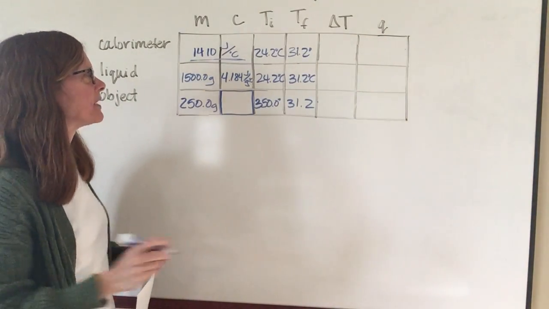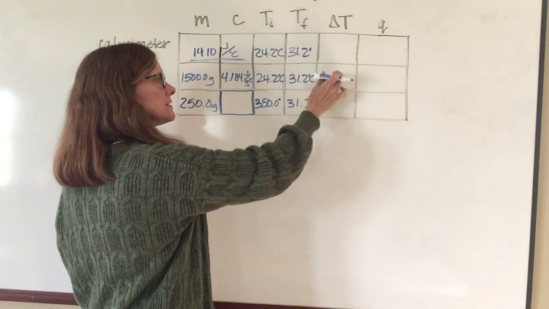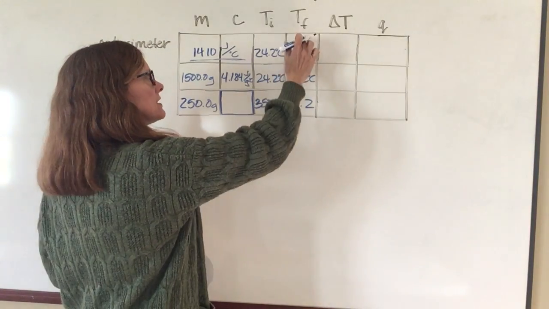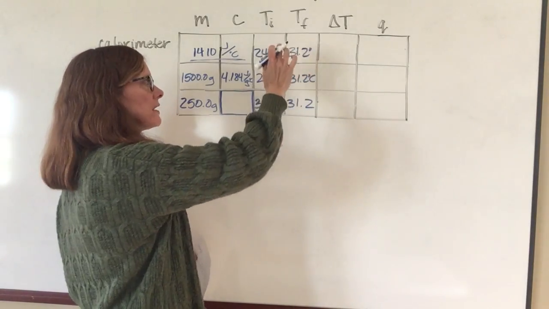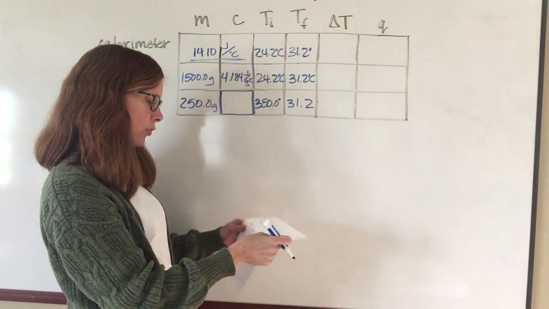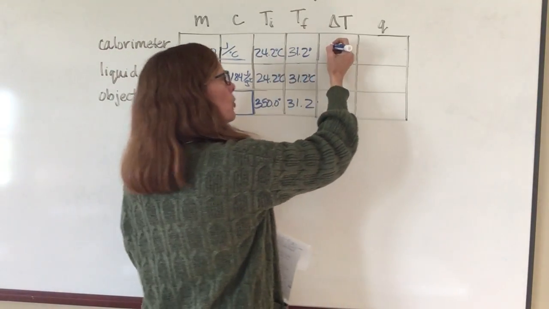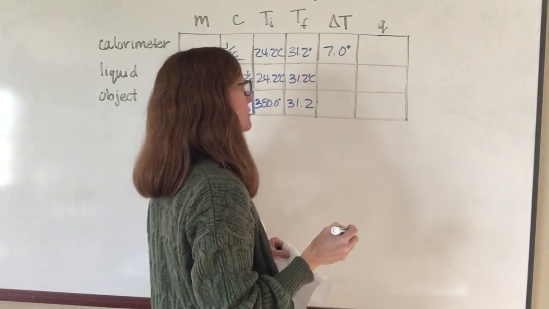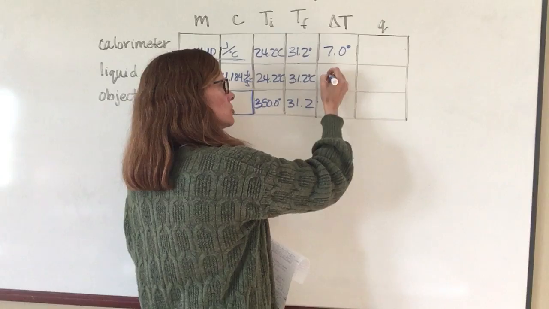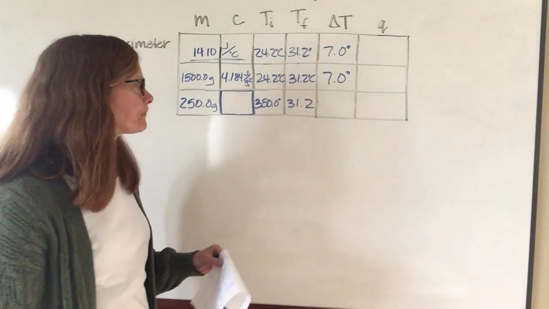Because I have initial and final temperatures for all three, I can calculate a delta T for all three. T final minus T initial, remember we always take the final minus the initial. So for the calorimeter, 31.2 minus 24.2 is 7.0 degrees Celsius. The change in temperature for the calorimeter and for the water will be identical.